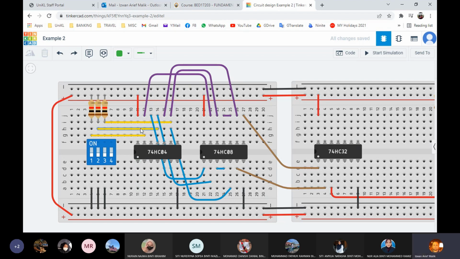Ini adalah B, masuk ke input 5. Output 5 ni adalah B bar. Okay, yang ni pin 3 ni adalah C, masuk ke input 4. Output 4 ni adalah C bar. So that is how you obtain bar punya input.